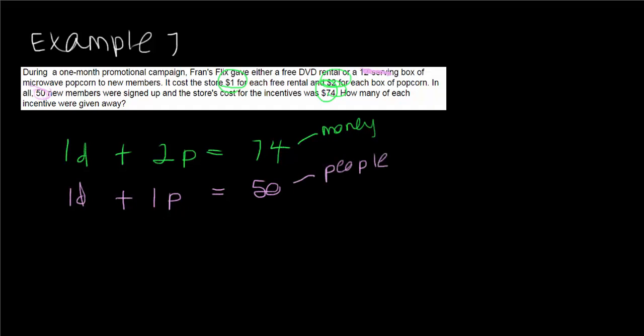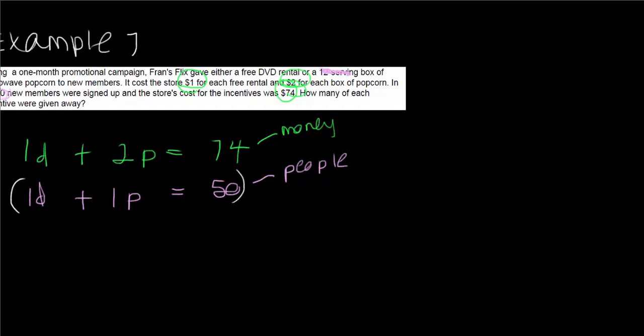And what I could do, and I'll do my work in white, is multiply that people equation by -1, because if we do, we get -1d minus 1p equals -50. And I could leave the top equation, the money equation, as it is.